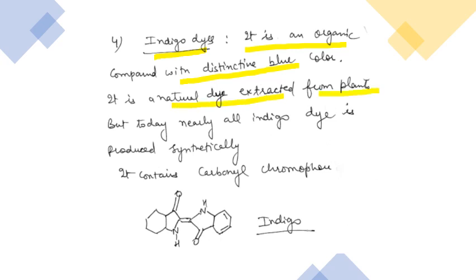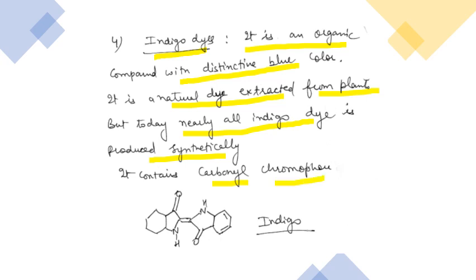But today, nearly all indigo dye is produced synthetically. For large scale use, they are prepared synthetically in the lab. So what type of chromophore is present in this dye? It contains the carbonyl group as a chromophore.